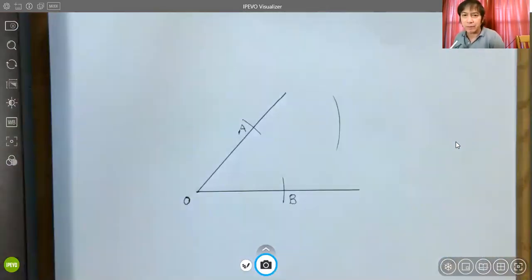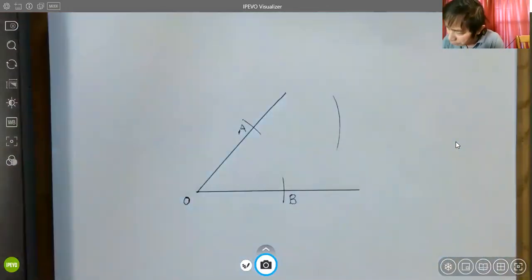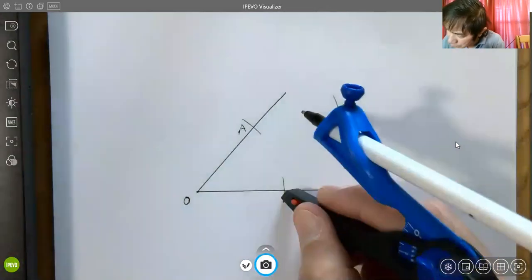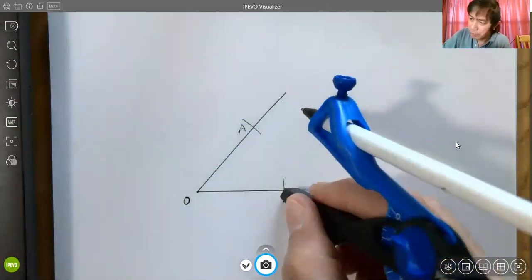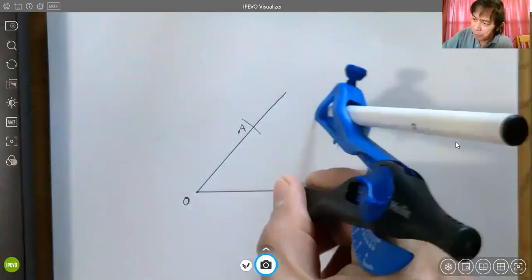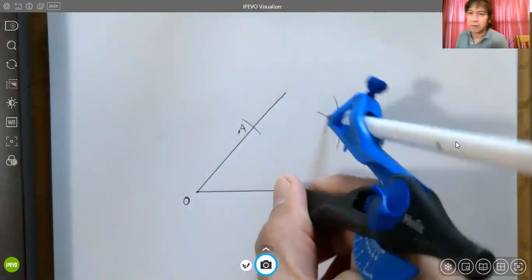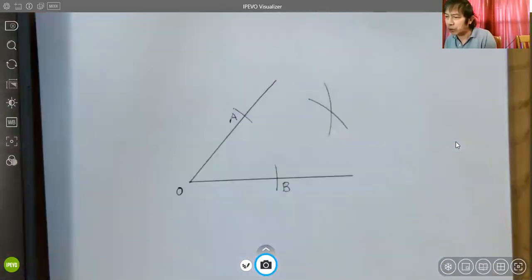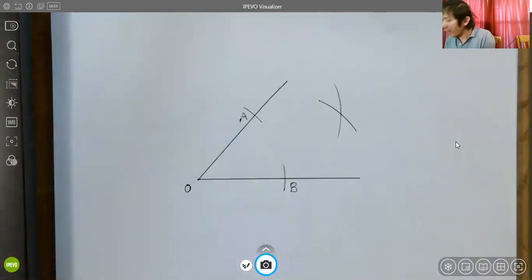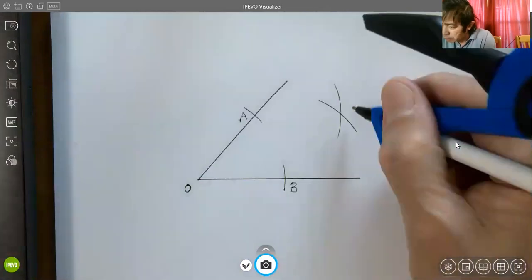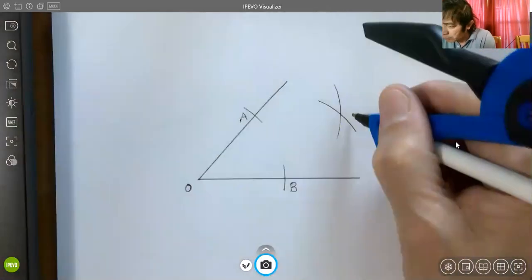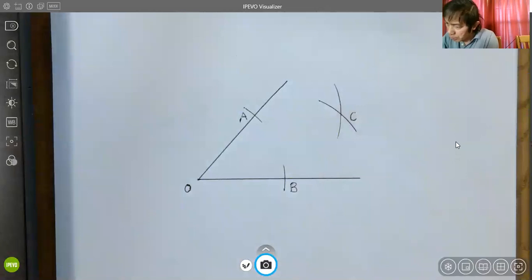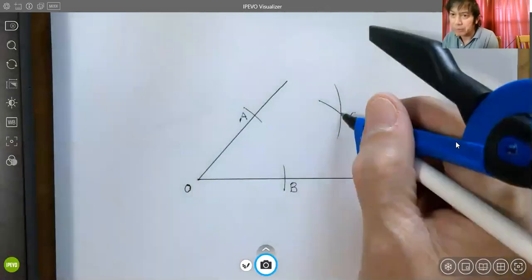And then using point B, create another arc intersecting the previous arc there. Now the intersection of these two drawn arcs we will call point C, over here. This point is point C.